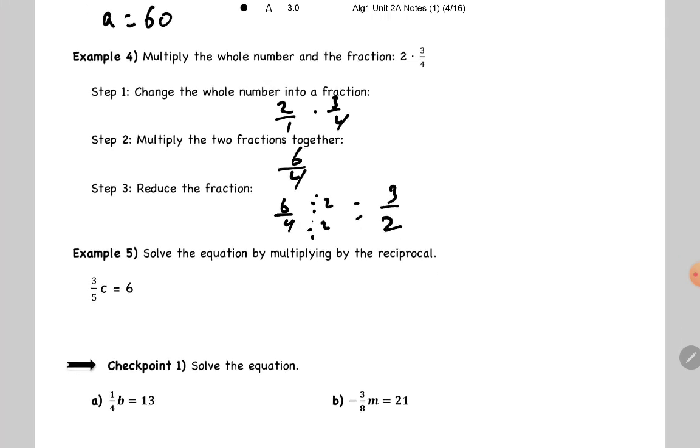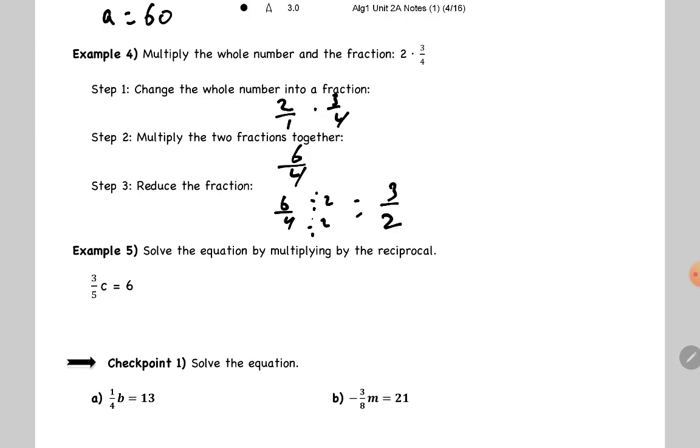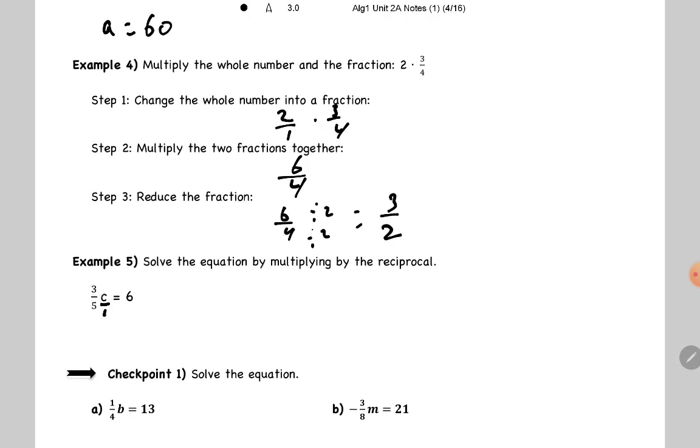What I like to do is think of c as over 1. And then I multiply the fractions together. So I'll get 3c over 5 equals 6. So this is method 1.